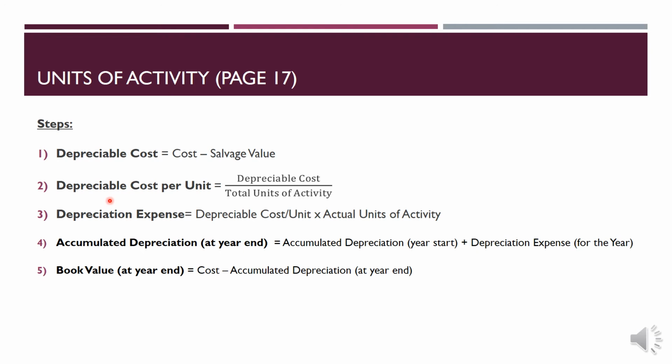So the main difference is that in the first method, which is the straight line, the company was relying on the useful life, the number of years. But here in the units of activity, the company is relying on the total units of activity, which will be given to you. So the depreciation expense in this case will be the depreciable cost per unit times the actual units of activity, which is given. After that, we calculate the accumulated depreciation and the book value in the same way as we used to calculate in the straight line.